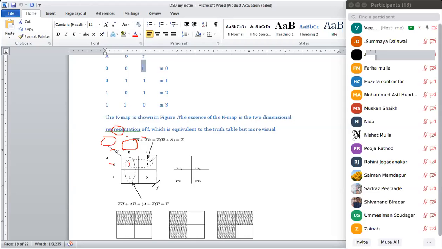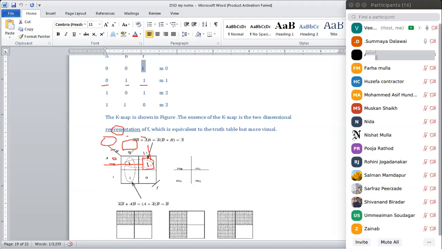Then the intersection of the first row and second column: the input A is 0, B is 1. What is the output? It is also 1. So I am going to write 1 here.